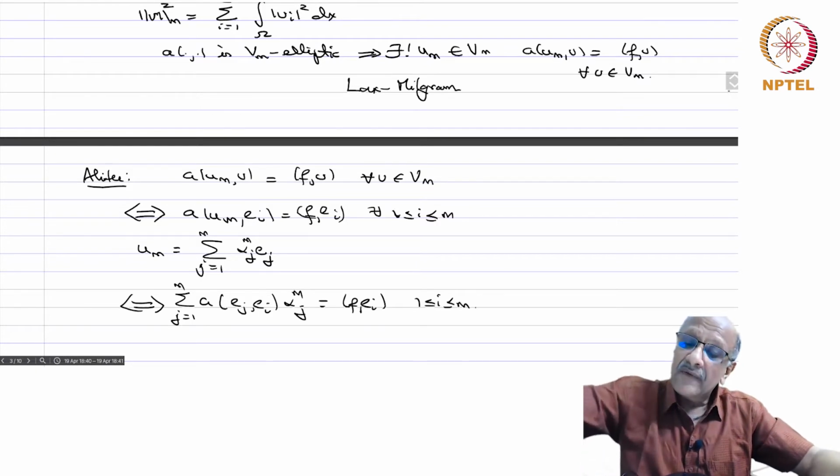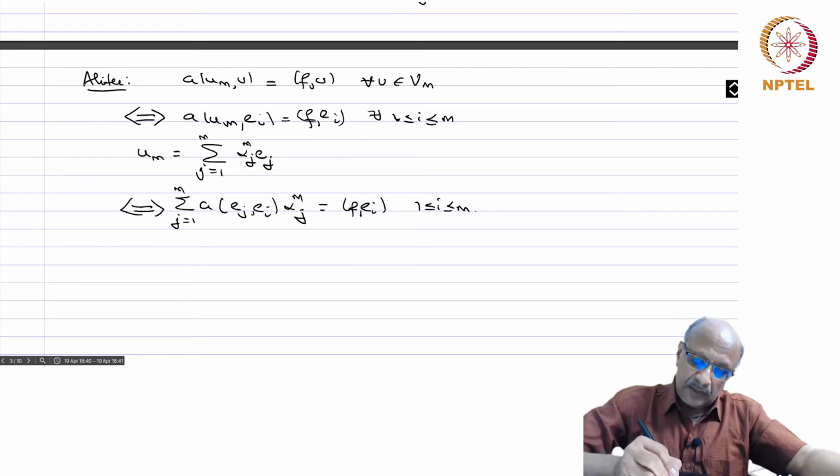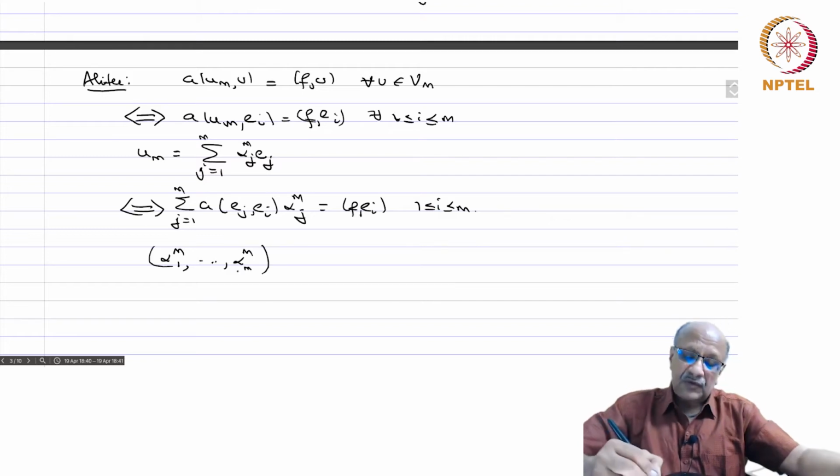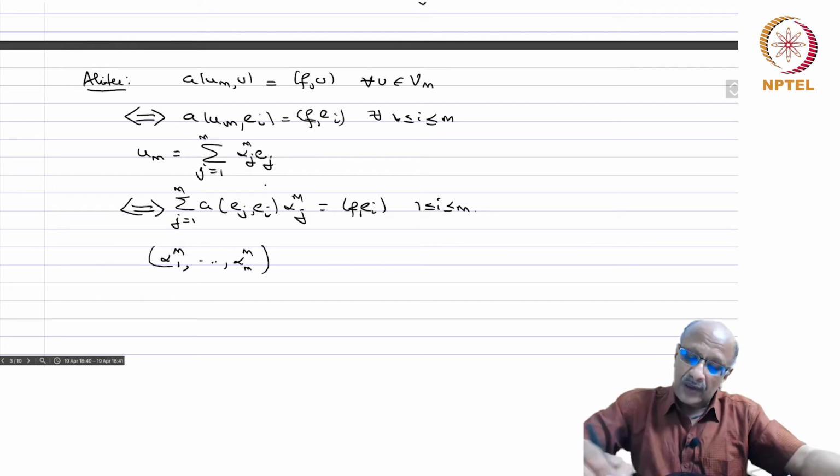So now you have m linear equations in m unknowns, namely alpha_m1 to alpha_mm. These are the unknowns, and if you can find these, then you can find u_m and that solves the equation.